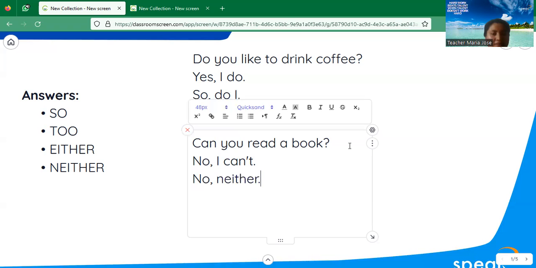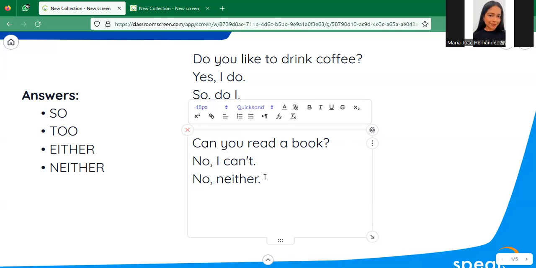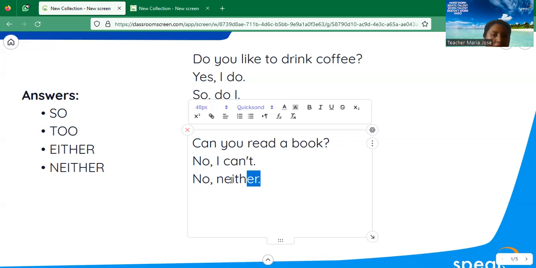Repeat, please. What is the possibility? Remember that we need to use the model that we are using. What could be the next part in this conversation if I want to agree with the no?